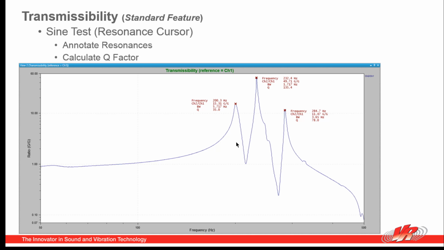And in the sine test that we ran, we did plot the transmissibility. Now remember, transmissibility is not an analyzer function. It's a standard feature. But I just show you this because most people would use a transmissibility plot to find the resonances, and you would annotate those resonances and calculate the Q factors and annotate them right there on the screen.